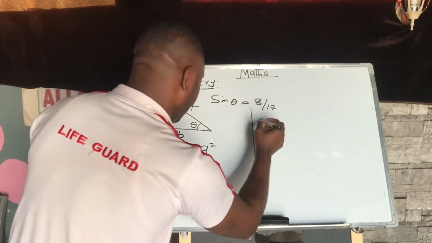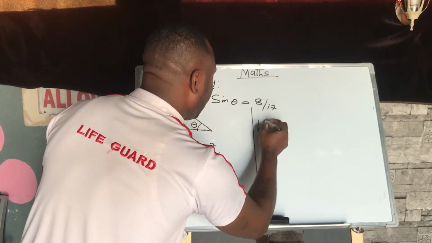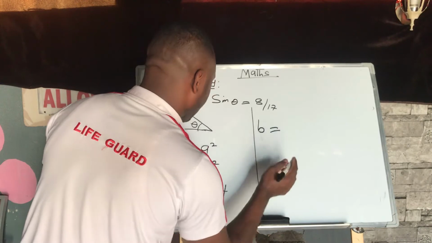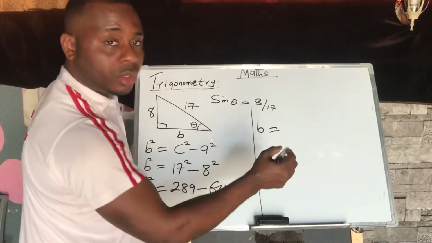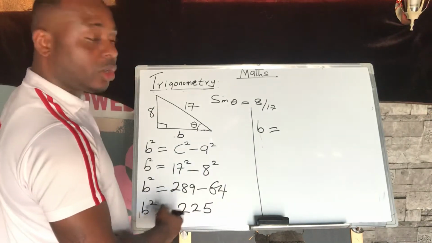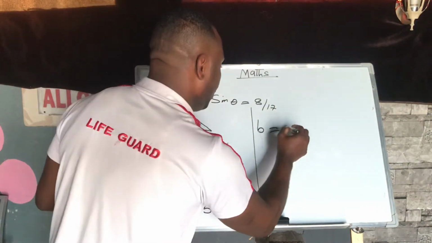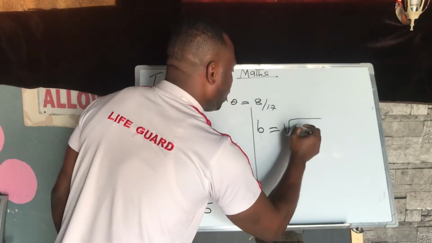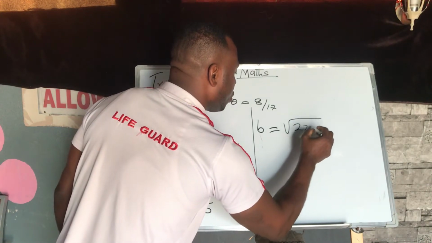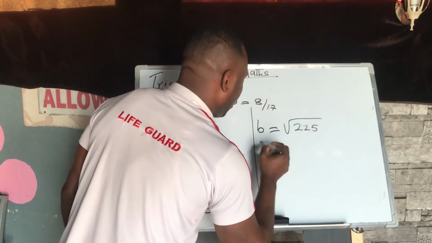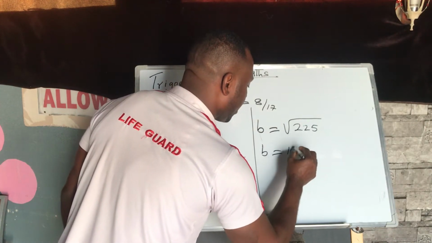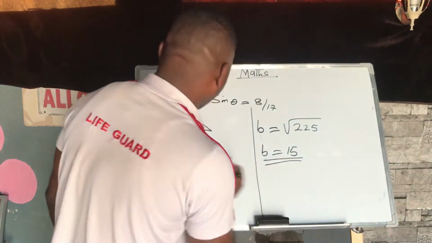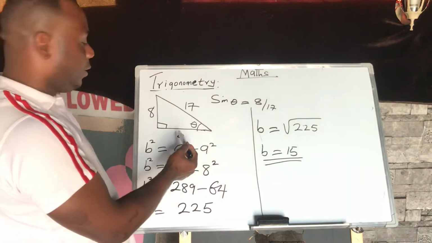So B now equal to, when squares cross side of equality, it becomes square root. It will be square root of 225, which is B, equal to 15. So the adjacent side is 15.